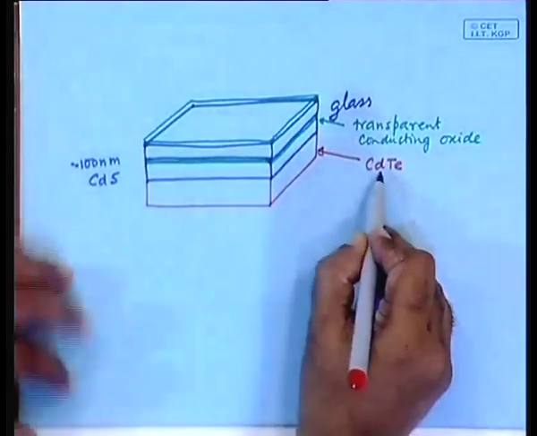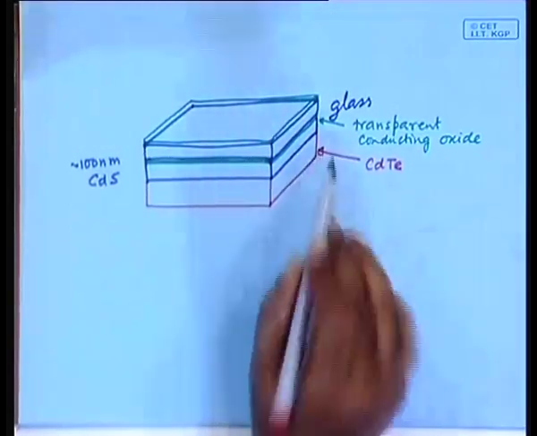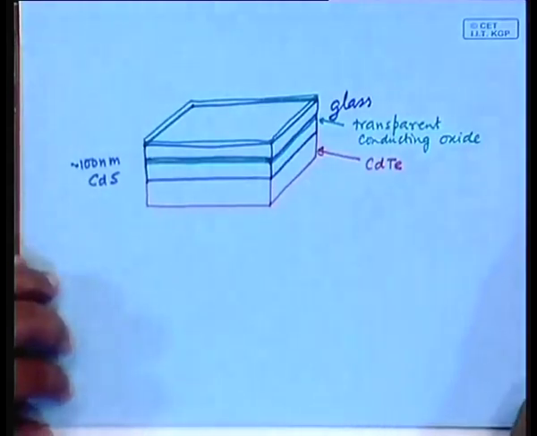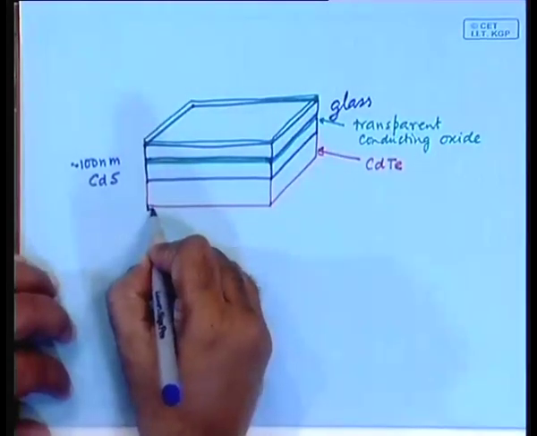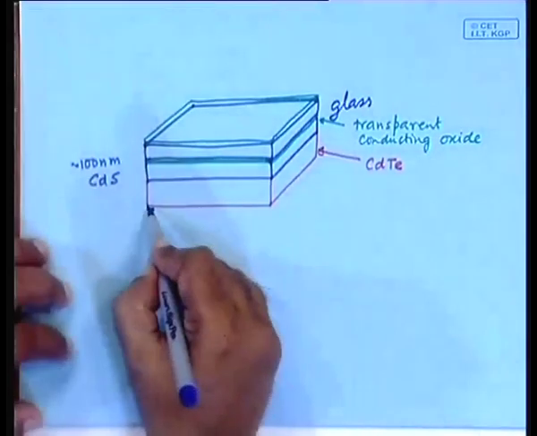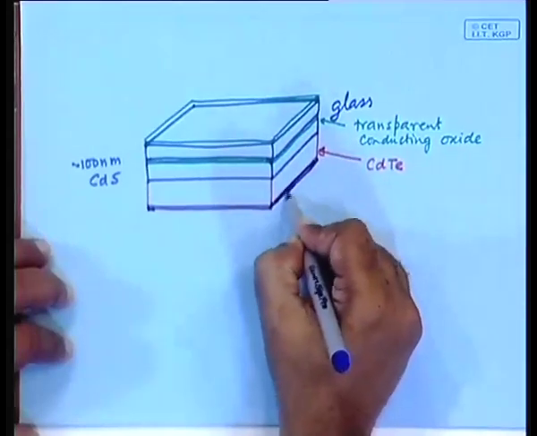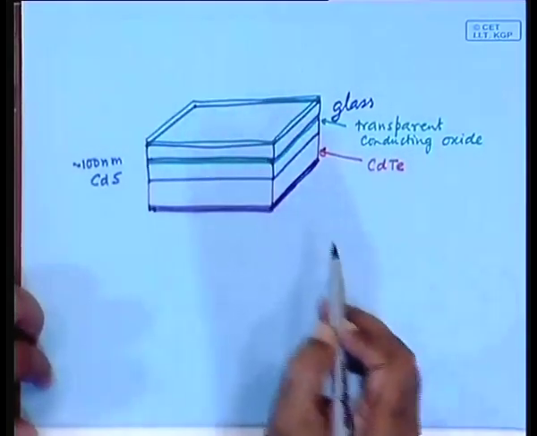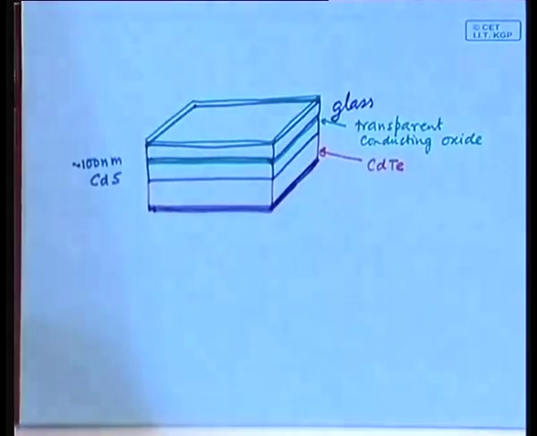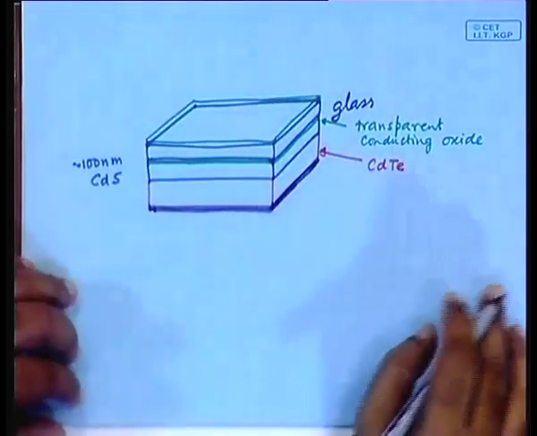So, the cadmium telluride is your P layer, CdS is your N layer, you have a heterojunction, and this is what does the job. Below that, what has to be under that? Another metal contact, and this metal contact is often a gold contact, a very thin layer of gold, or silver. So, this is the total structure of this kind of solar cell.